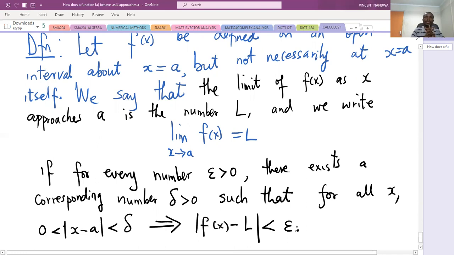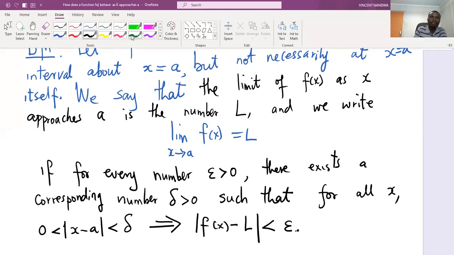But we assume that a function f of x is defined in an open interval about a point x equals a, not necessarily at the point a itself. Then we say the limit of the function f of x as x approaches a is the number L, and we write limit of f of x as x approaches a equals L, for every positive number epsilon.